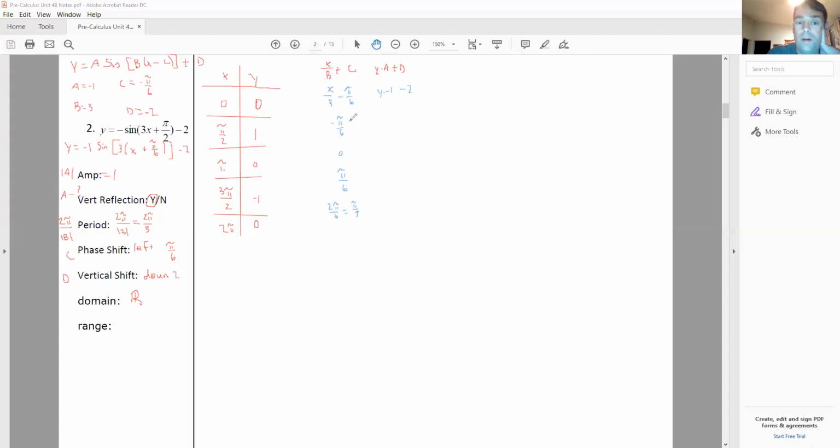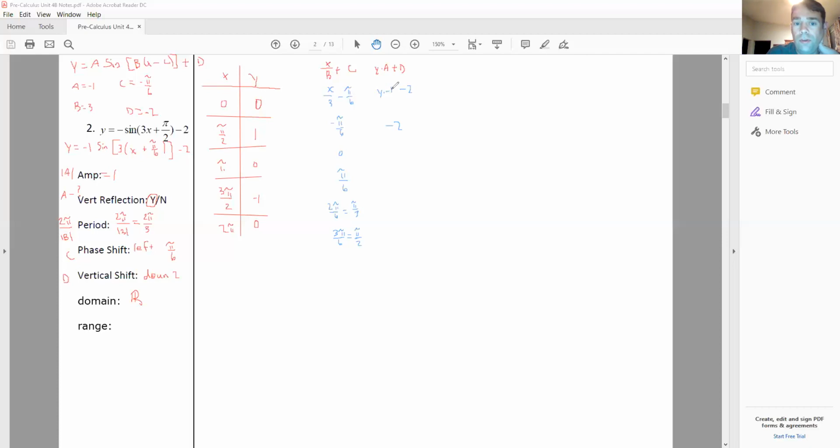Looks like I'm counting by pi over 6s here, so this is probably going to be 3 pi over 6. So 2 pi over 3, that's 4 pi over 6, minus pi over 6, that's 3 pi over 6, which is pi over 2. They're always going to be equally width apart. Later on in calculus, we'd call that normed width. We take our 0 and plug it in. 0 times -1 is 0, minus 2.